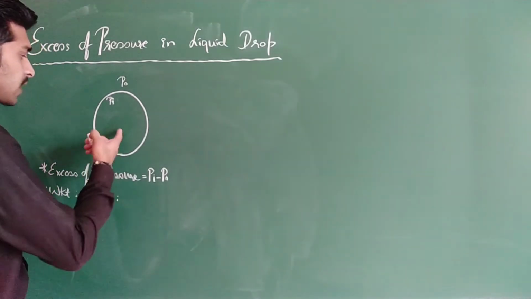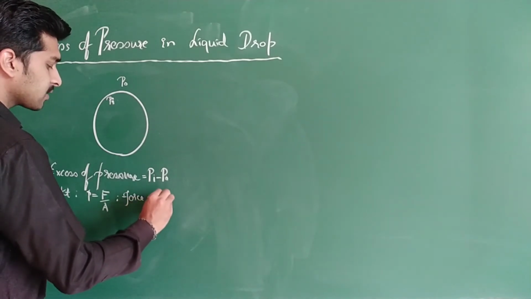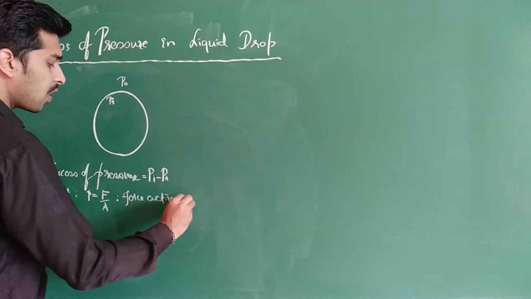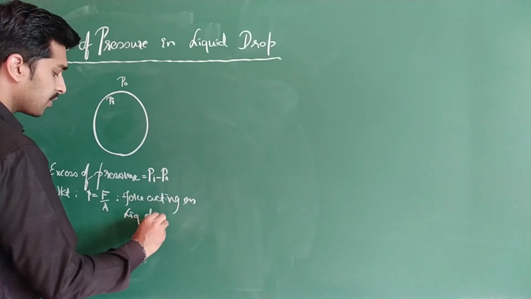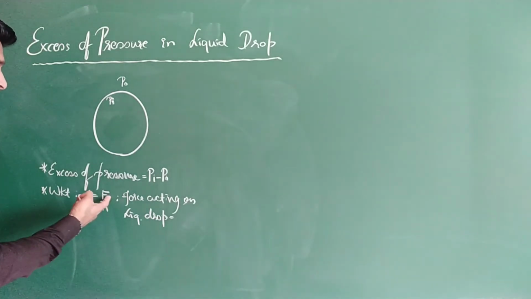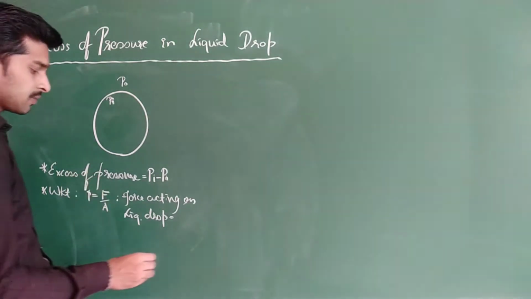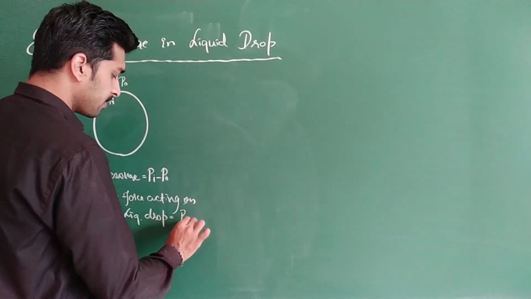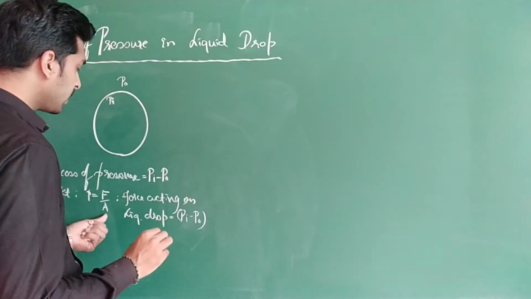So force acting on the liquid drop: if I want to separate force, force is equal to pressure into area. But pressure is nothing but excess of pressure Pi minus P naught, into area.